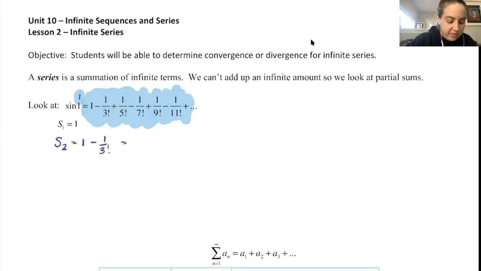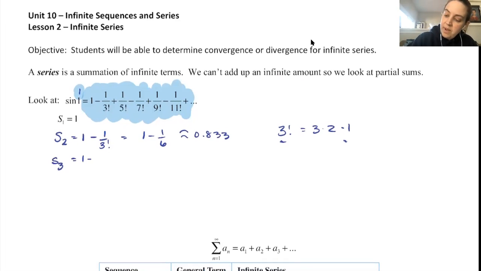By the way, do you remember what factorial is? Factorial is 3 times 2 times 1. You multiply and you start with the highest value and you go all the way down to 1. So this becomes 0.833. If we add the first 3 terms, you've got 1 minus 1 over 3 factorial plus 1 over 5 factorial.